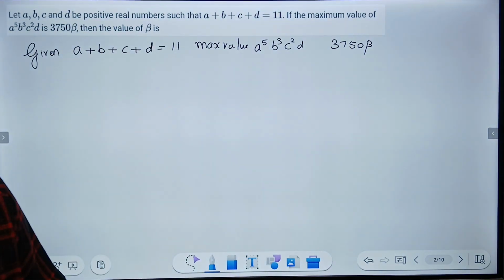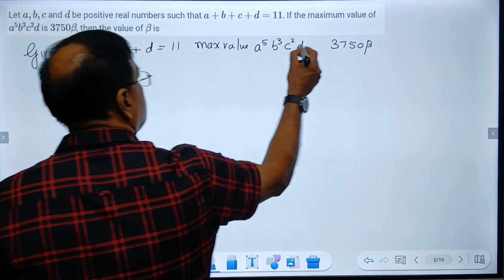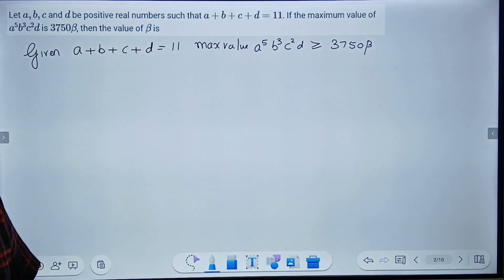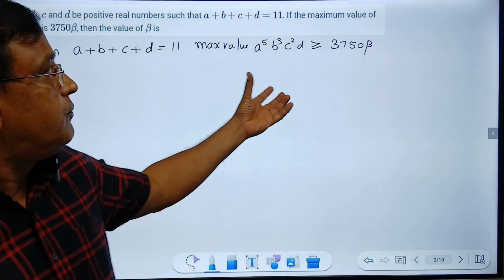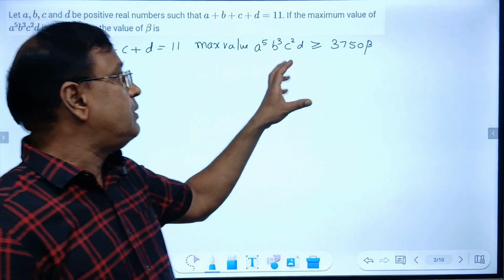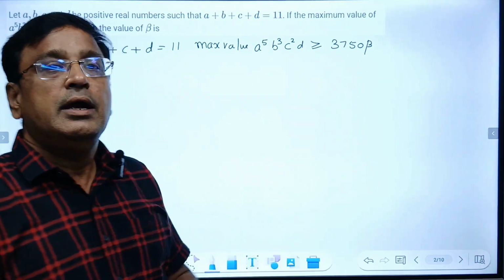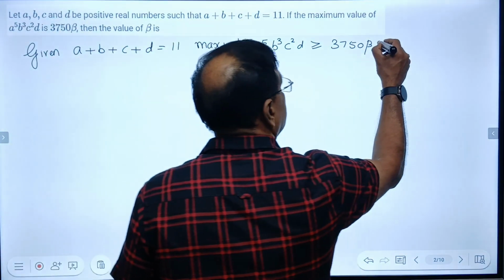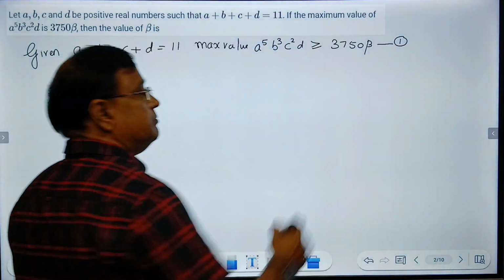So this is what is given. The maximum value is this, so definitely 3750 beta is the maximum value, so it can't exceed that. So A power 5 B cube C square D must be less than or equal to 3750 beta. This is what is given in the question.